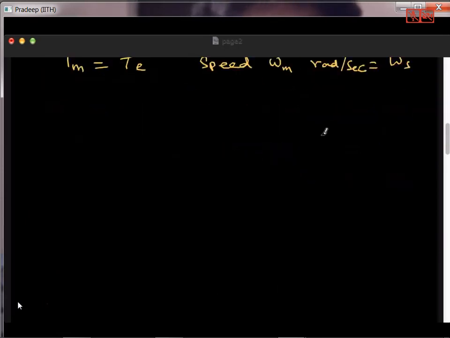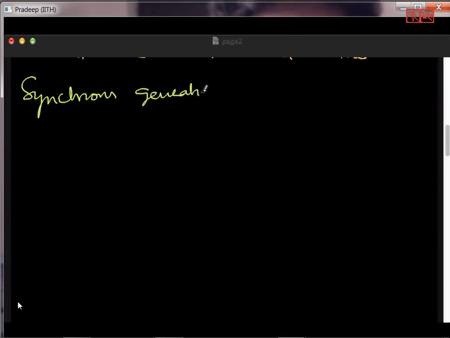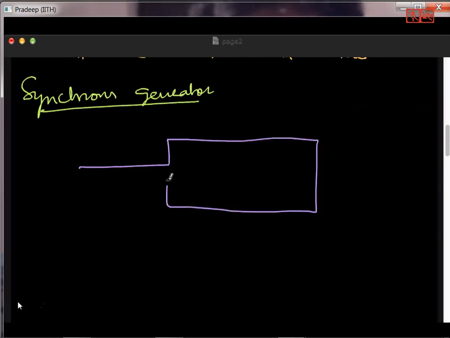Now, let's talk about the synchronous generator. Again, this is the shaft and this is the rotor of the synchronous generator. The stator I am not showing in this diagram. The mechanical power will be the input.